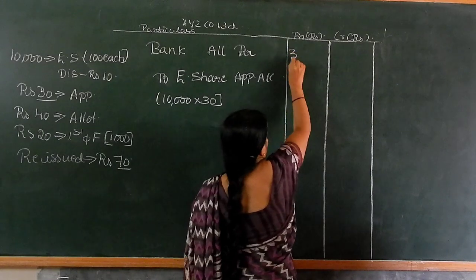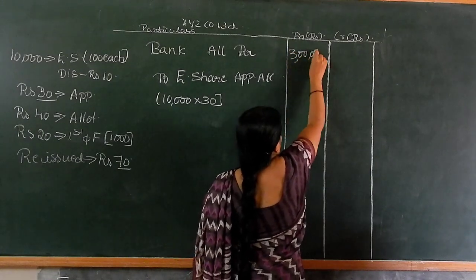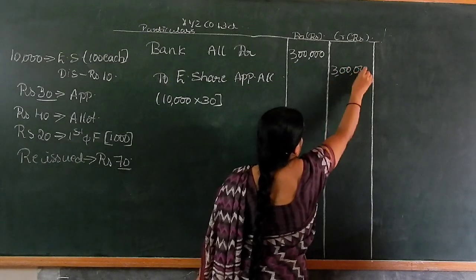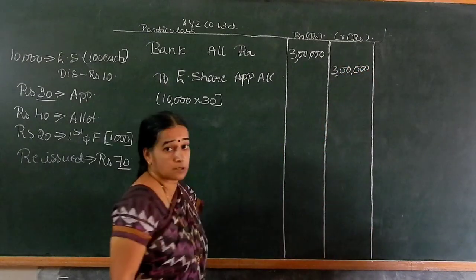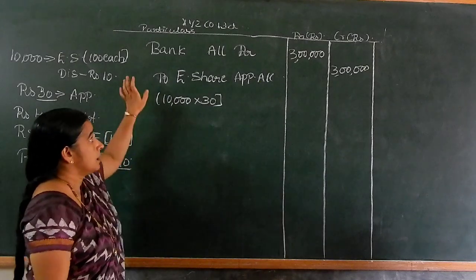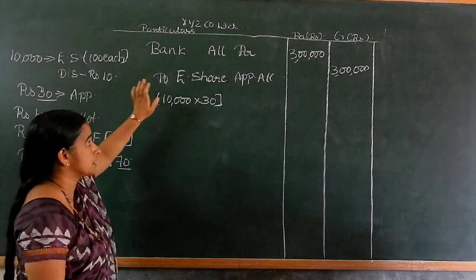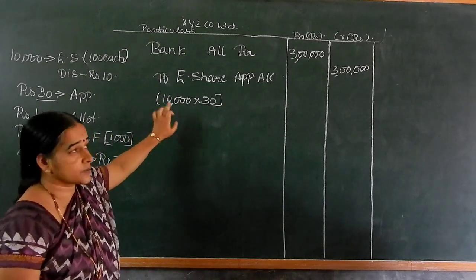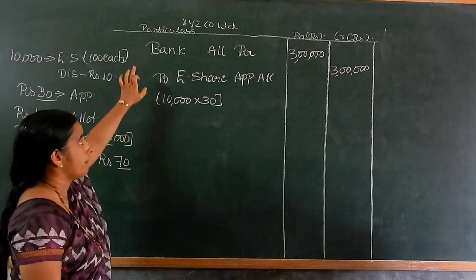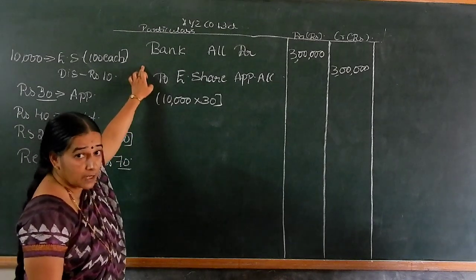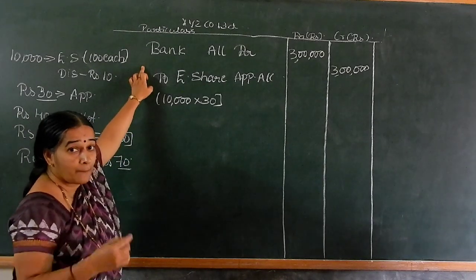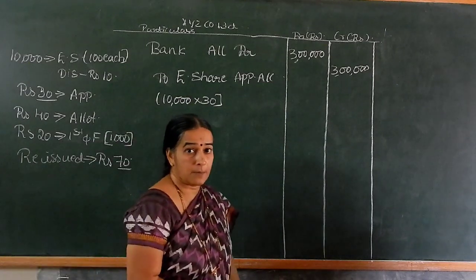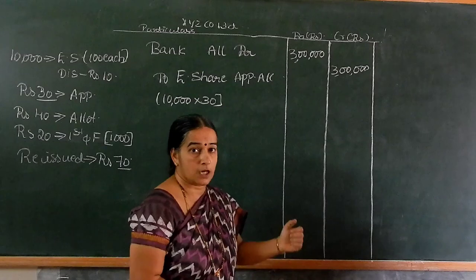So the application money received is 3 lakh, being application money received on 10,000 equity shares. The amount is received in the form of a cheque.